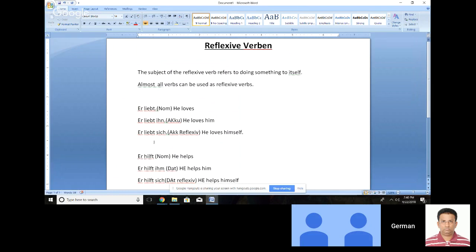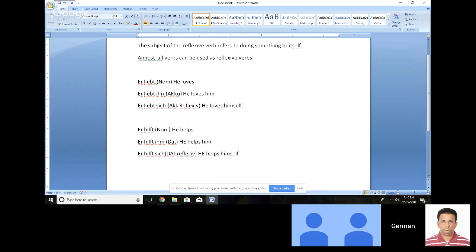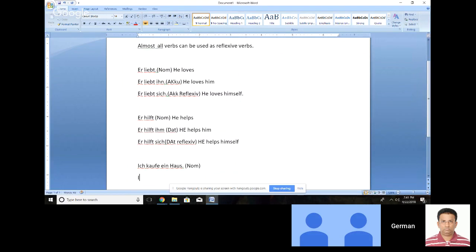Some reflexive verbs also take the dative case when an object is mentioned in it. That is, when we have an object, for example, Haus, ich kaufe ein Haus is a nominative case. Ich kaufe ihm ein Haus is in dative case.